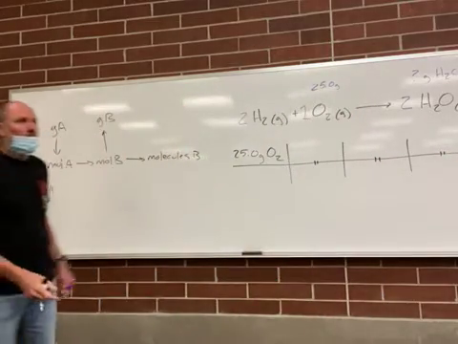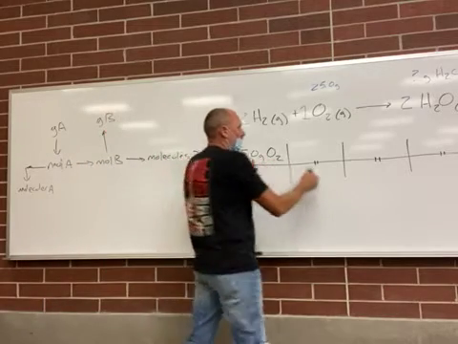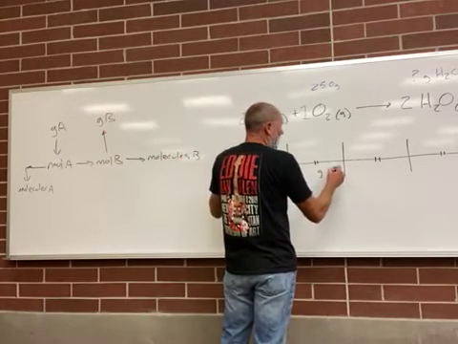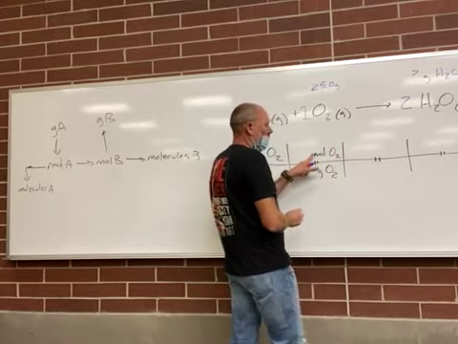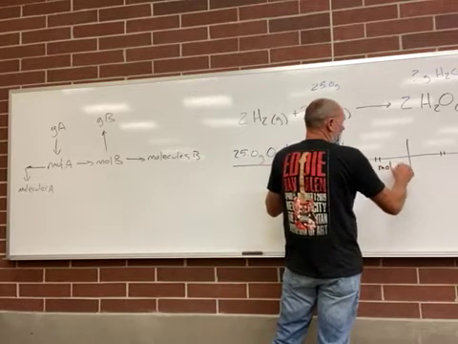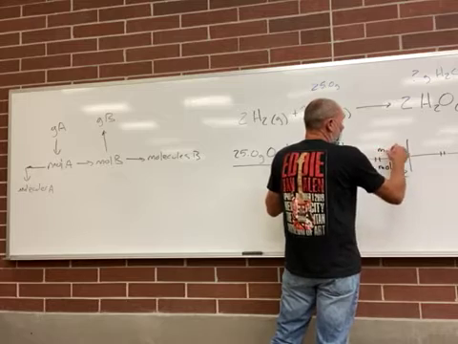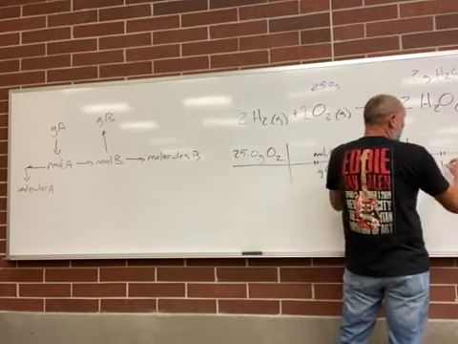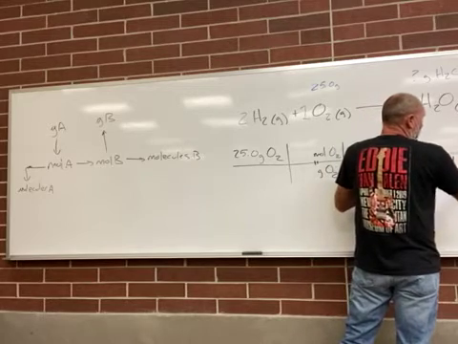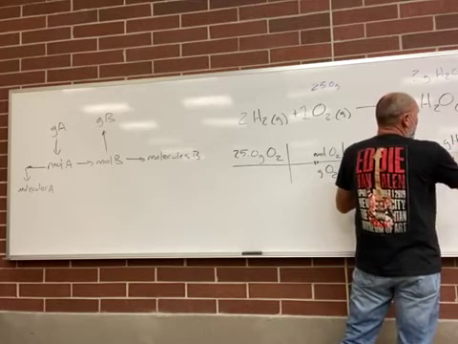What drives it is what I start with. So I know grams of oxygen goes down here, which puts moles of oxygen up here. If moles of oxygen is up here, moles of oxygen goes down here, moles of water goes here. If moles of water is here, moles of water has to go here, which leaves me with grams of water.